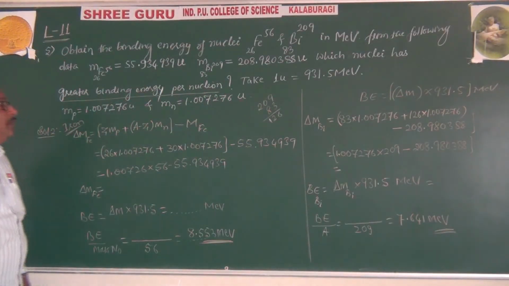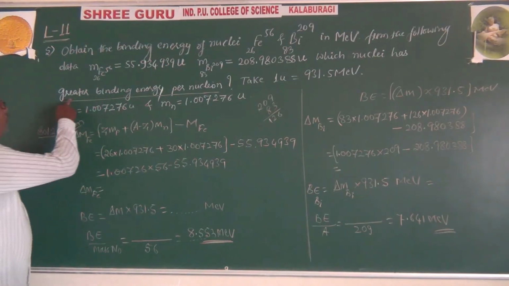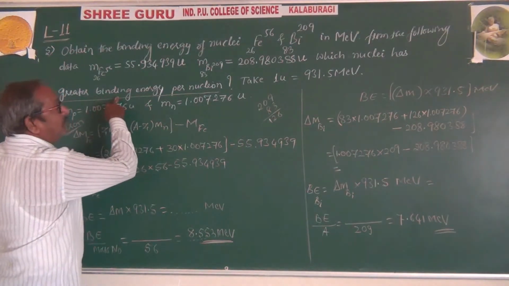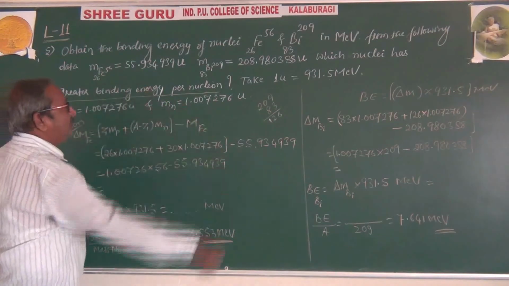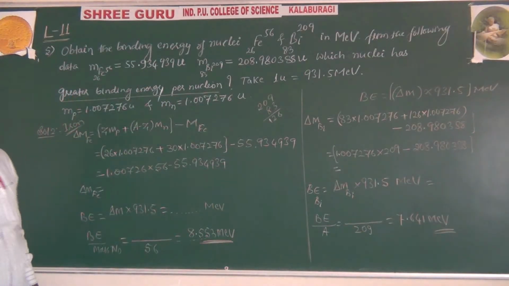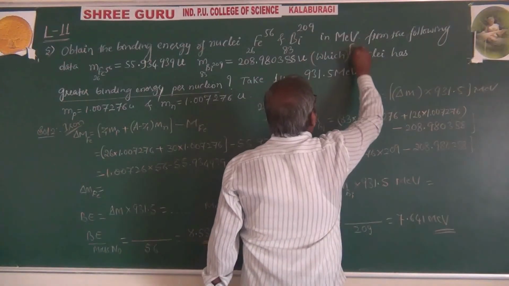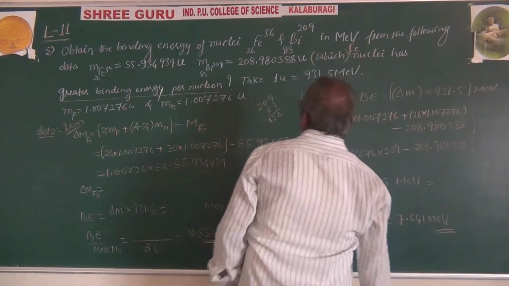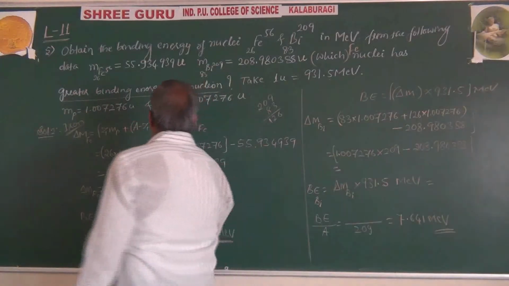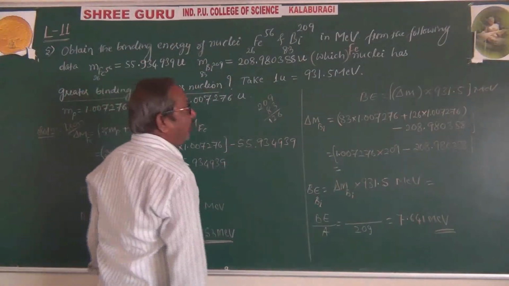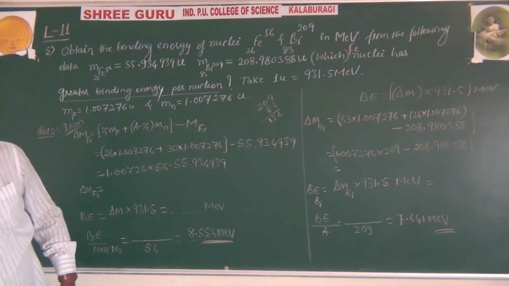So your answer will be that iron, Fe, nuclei has greater binding energy per nucleon.